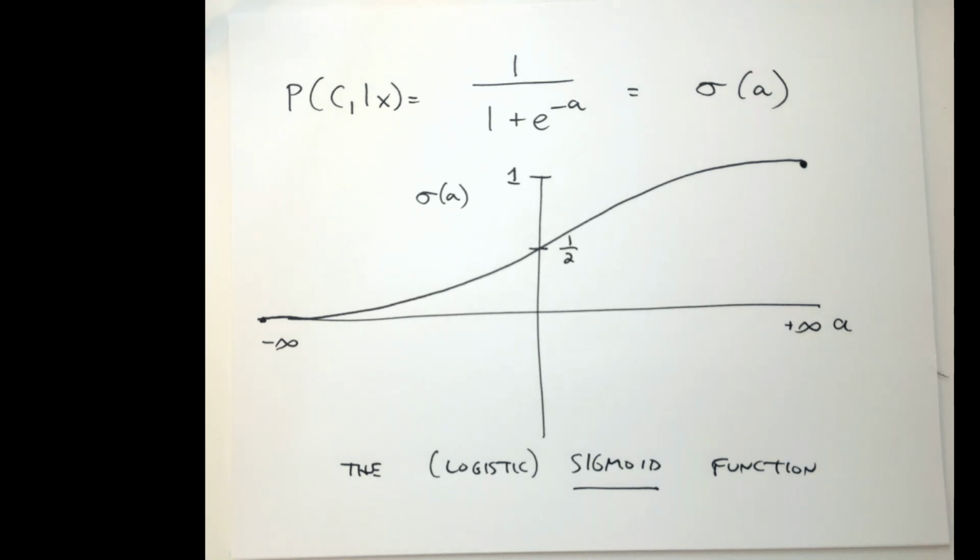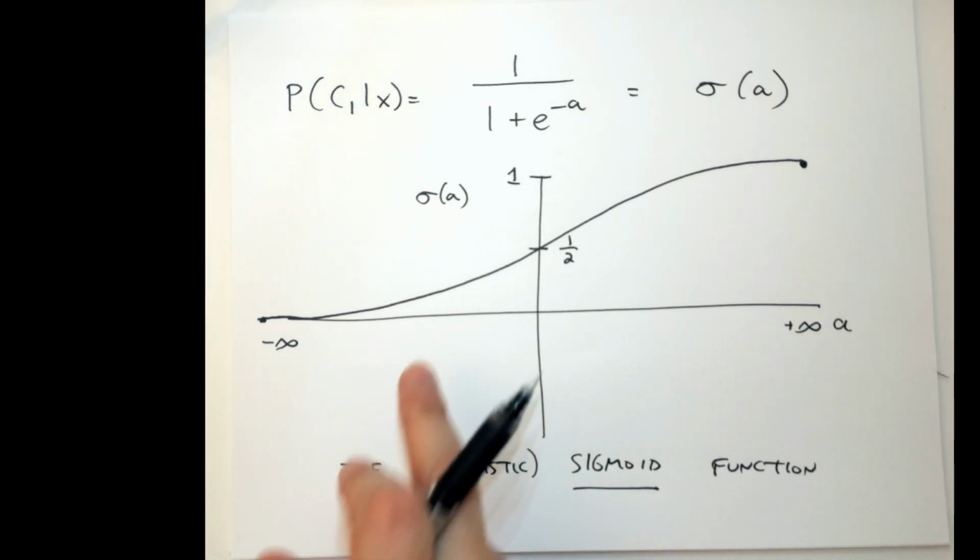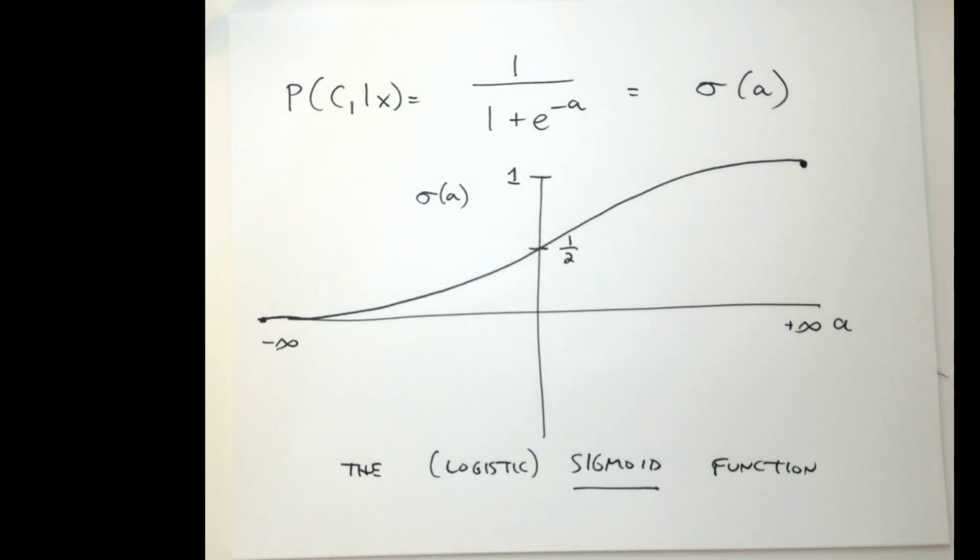And so this maps any number into the range of 0 to 1. Why is that important? It's important because at some point we're going to think about interpreting this like a probability, and probabilities have to be between 0 and 1. So I basically take the ratio of the posteriors, which could be anything, and then I map it into this nice 0 to 1 range. And this idea of mashing a number into the 0, 1 range via this equation will become important again in future lectures, okay?